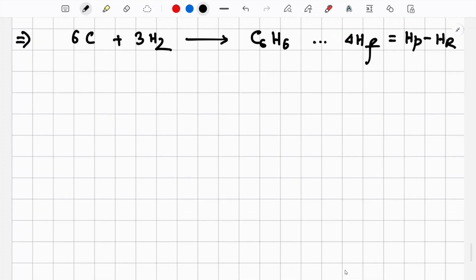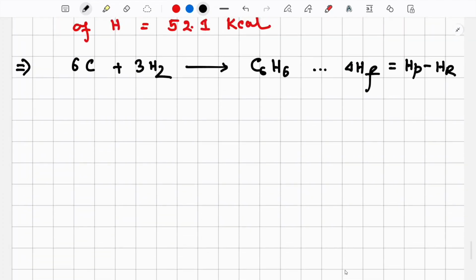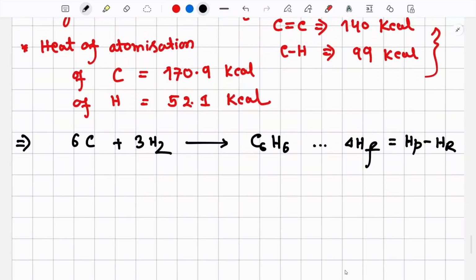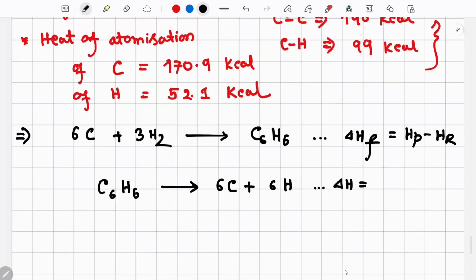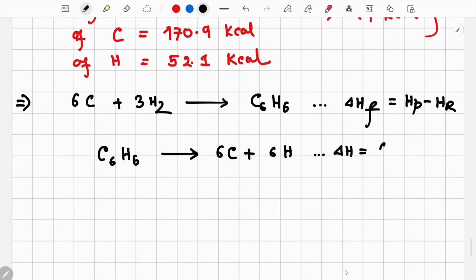Let us do. So now what is given? Given the heat of combustion of carbon and hydrogen. So that is C6H6. For this reaction, you have to calculate the delta H. For carbon, it will be 6 into 170.9, and for hydrogen, it will be this.